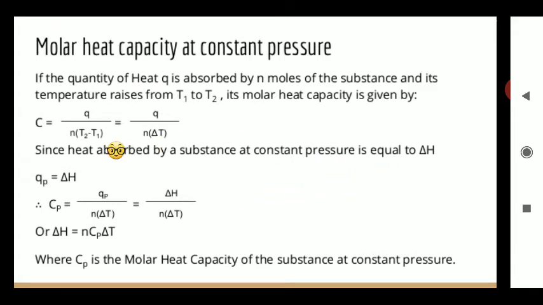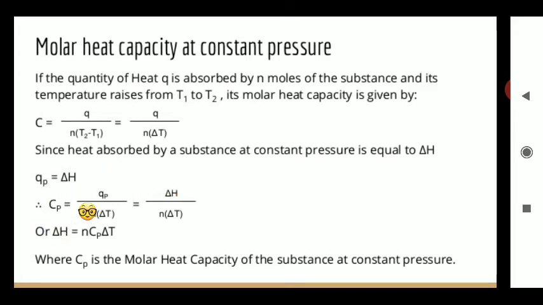So on the basis of this isobaric system and this isochoric system, the heat capacity, or molar heat capacity, can again be classified into two main types. The one type is known as the molar heat capacity at constant pressure, which is denoted by the symbol Cp.